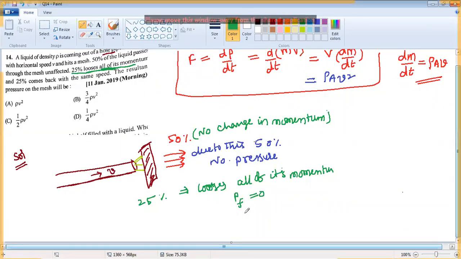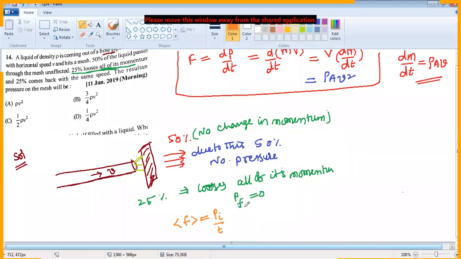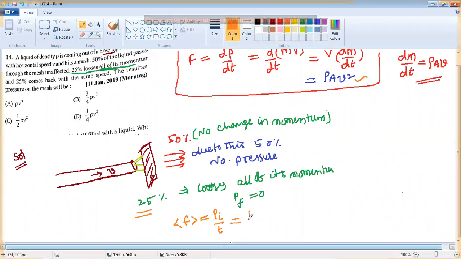Please concentrate here. With final momentum 0, the average force equals initial momentum by time. We are using only 25% here. Total force is rho A v square, so only 1 by 4 of rho A v square is present here.